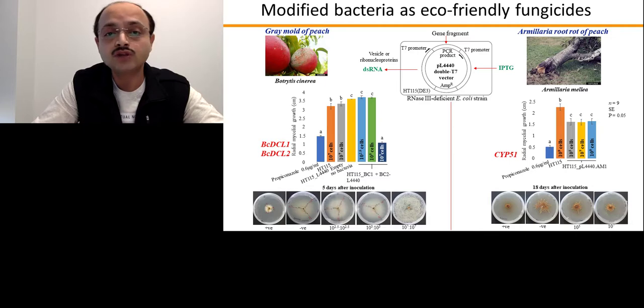We co-cultured these transformed bacteria with the fungi and observed on the plate if they can suppress the fungal growth. Indeed, we observed that a dose of 10 to the power 7 bacterial cells reduced the fungal growth, in some cases very much like propiconazole, which is a synthetic fungicide.